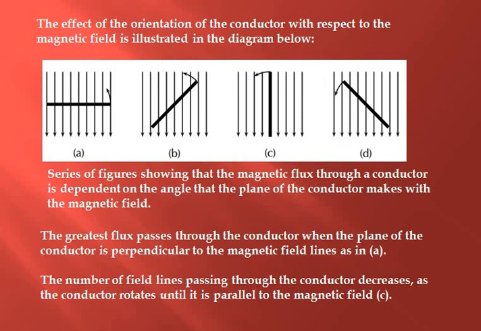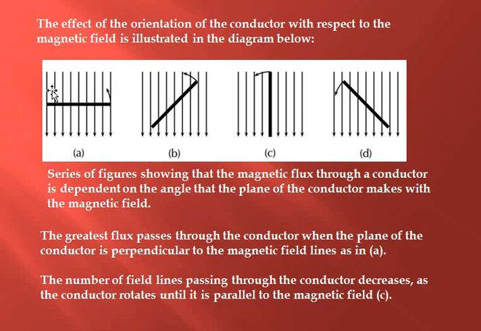So this is the effect of orientation of the conductor with respect to the magnetic field. These are a series of figures showing that the magnetic flux through a conductor is dependent on the angle that the plane of the conductor makes with the magnetic field. So the angle has a lot of effect. The greatest flux passes through the conductor when the plane of the conductor is perpendicular to the magnetic field lines.